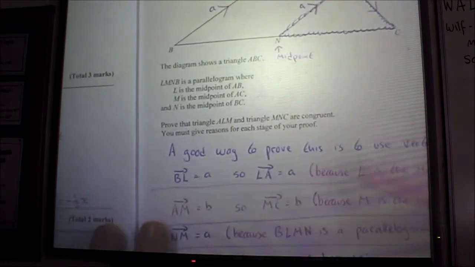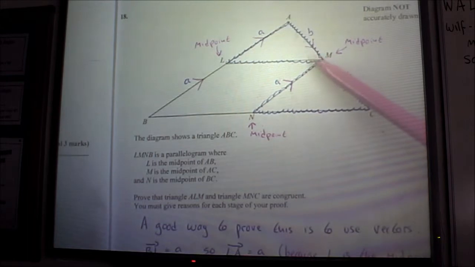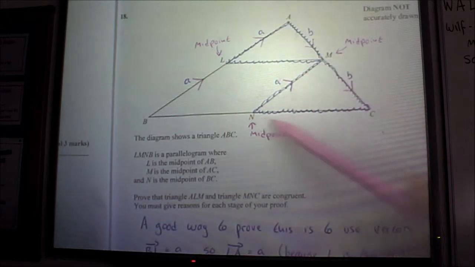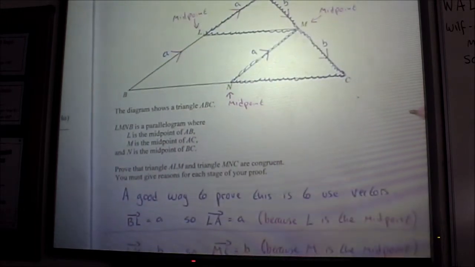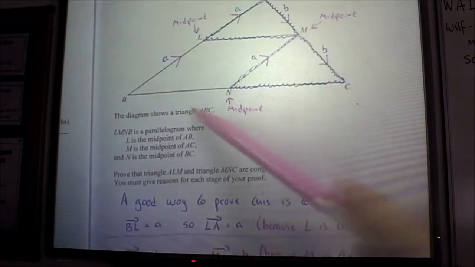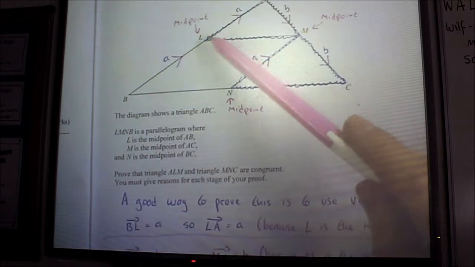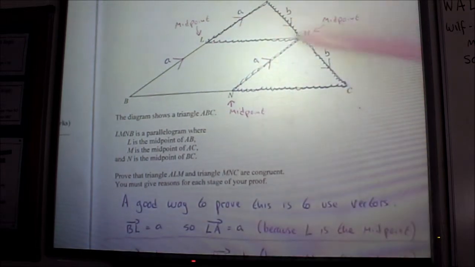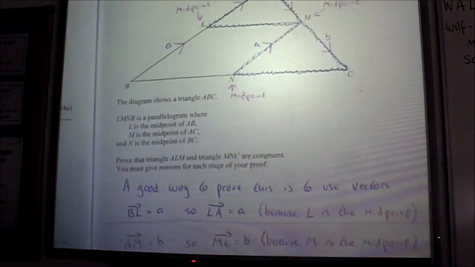Question 18. Prove that triangle ALM, which is this one here, ALM is congruent to MNC. I've done squiggles around them so you can see them. A good way to solve this is by using vectors. So for example, because you're told that L, M and N are midpoints of lines which I've labelled, you could say that B to L, I'm going to call it A, so L to A must be A to M, I'm going to call B, and M to C must also be B as well, because as we said before, they're the midpoints.